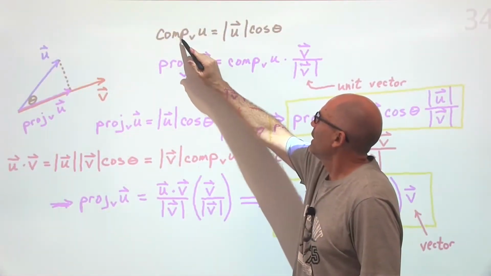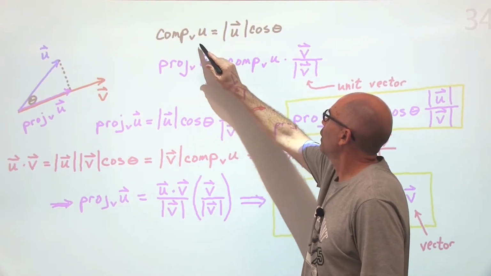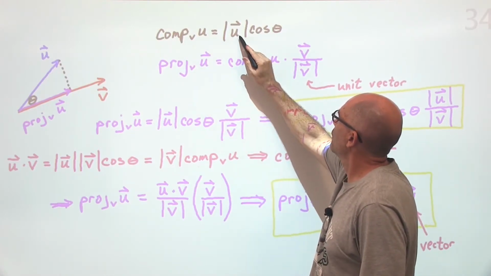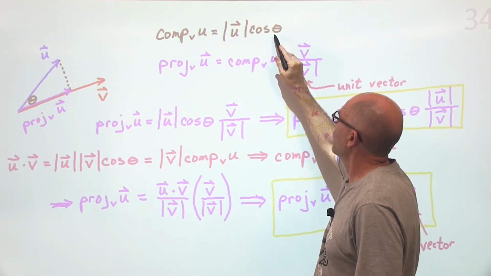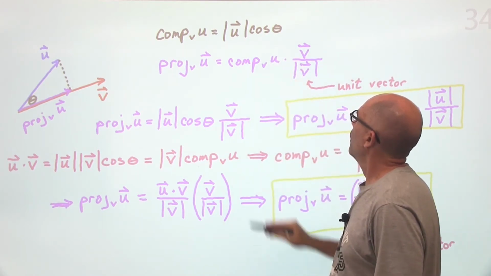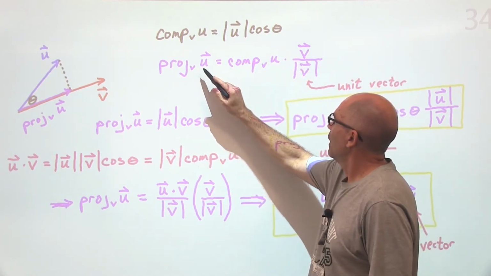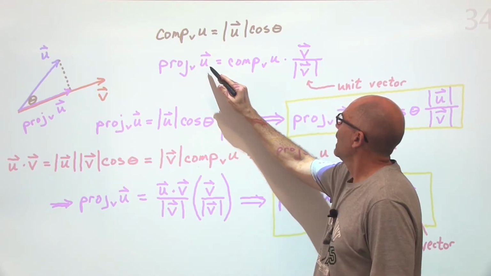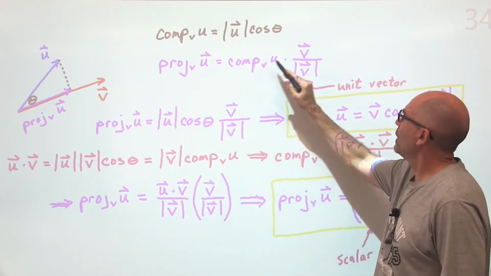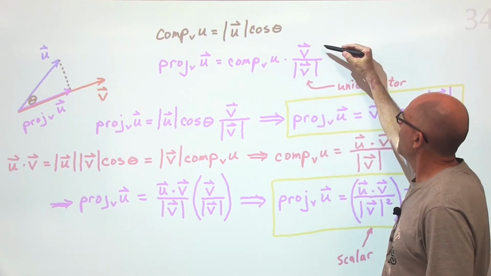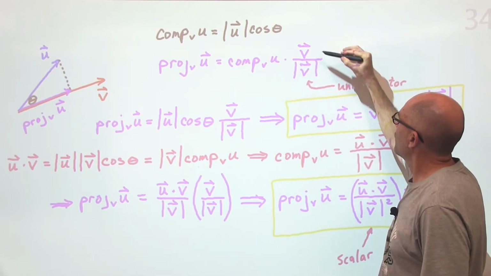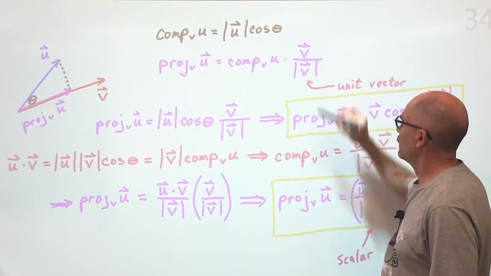That's annoying. Hold on. We know that the component of u along v is the magnitude of u times cosine of the angle. So the projection of u along v is going to be the component of u along v times vector v divided by the magnitude of vector v.